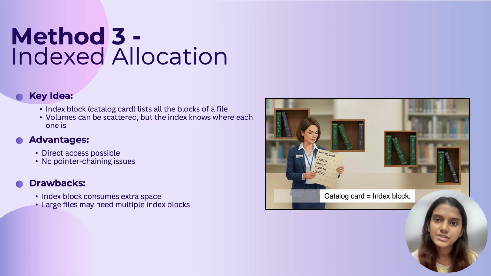Instead of linking blocks, it creates a special index block that contains the address of every file block. This means you can jump directly to any part of the file, which is incredibly fast. However, this does require extra space because you have to maintain the index, and very large files may need more than one index block.